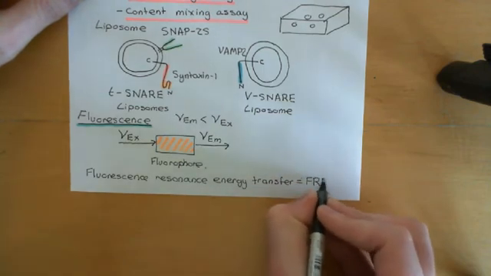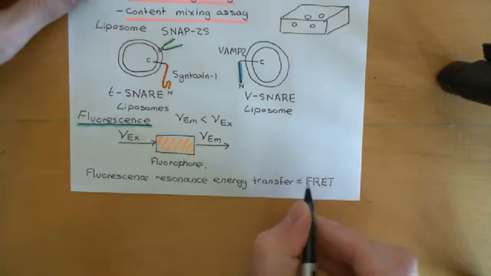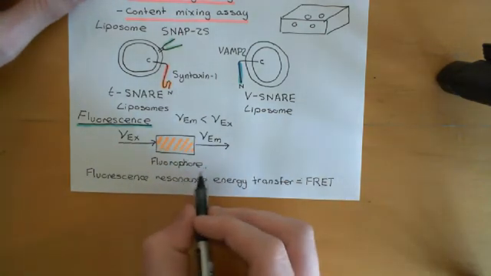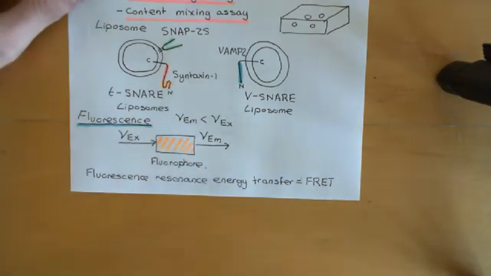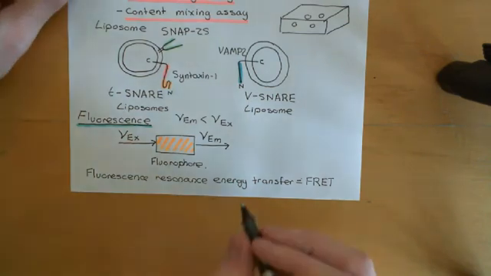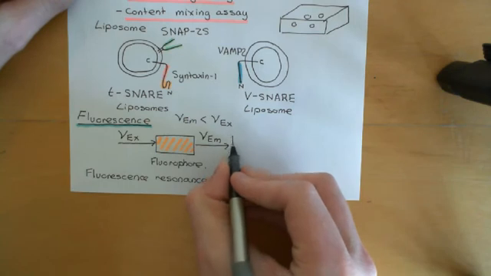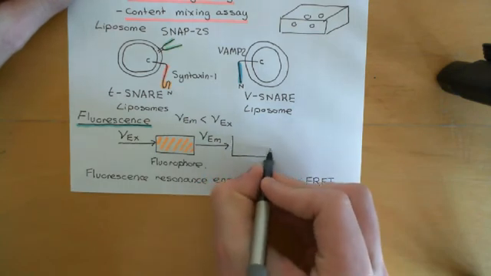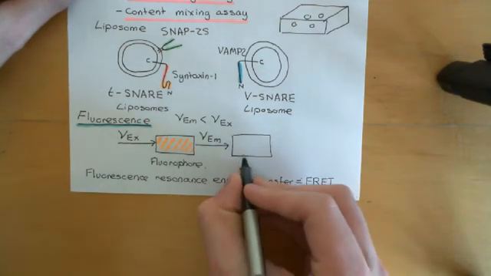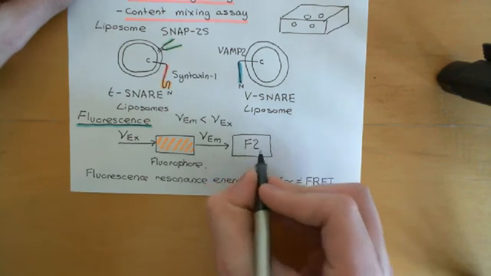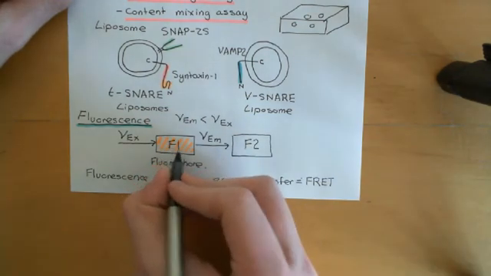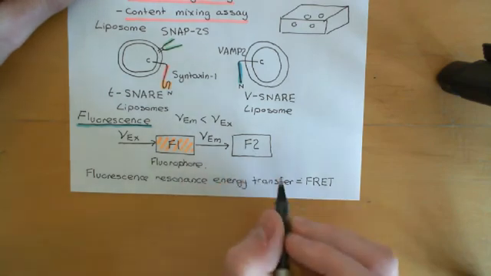This is basically the idea that if you put two fluorophores in, and you pick these fluorophores carefully, then you can get a very special phenomenon occurring. So if you pick another fluorophore here, we'll have this as F1 and this as F2, so fluorophore 1, fluorophore 2.